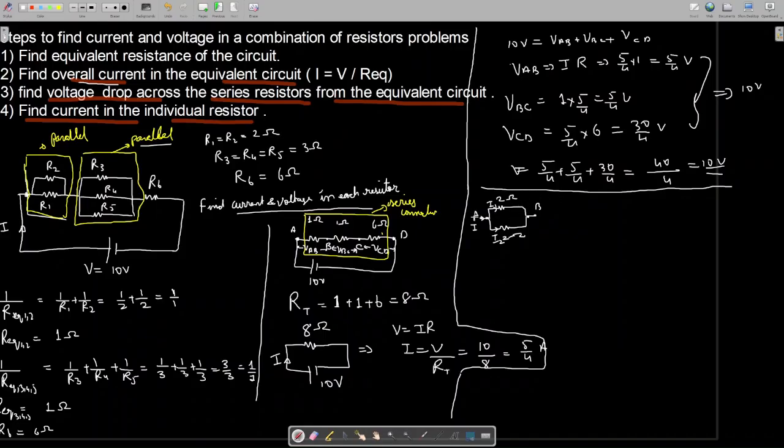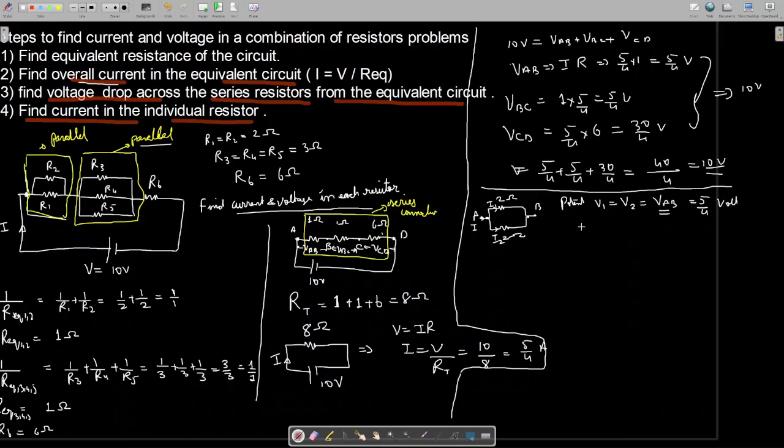And the potential difference across AB is same. So the potential of V1 will be equal to potential of V2. This will be equal to potential across AB. So we know that VAB is 5 by 4. So V1 is equal to V2 is equal to 5 by 4 volt.